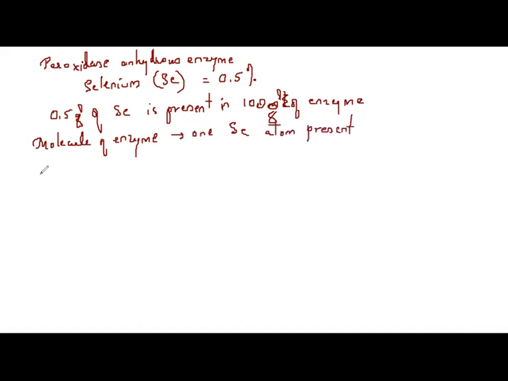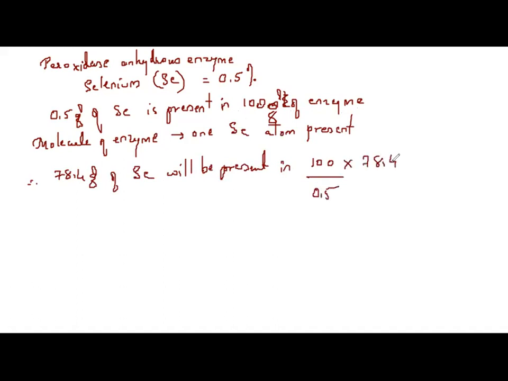Therefore, I can say 78.4 grams of selenium will be present in 100 divided by 0.5 into 78.4.